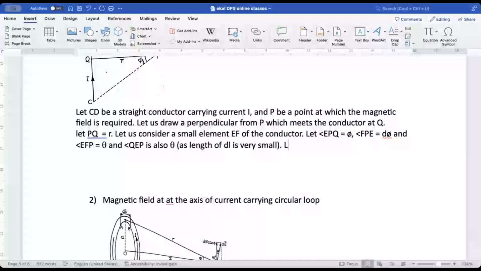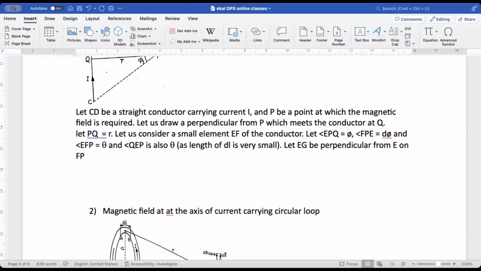Now let EG be perpendicular from E on FP, right?